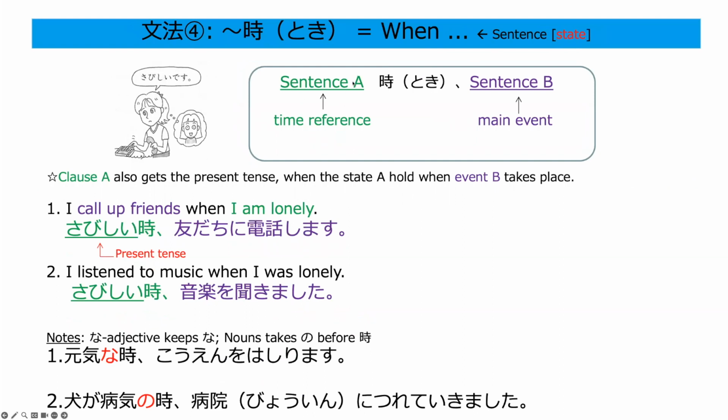The textbook introduces the case of a state, not an action. If you encounter an adjective, for instance an i-adjective or na-adjective, it's very simple. I simplify the whole point. You can use the present tense all the time. So for instance, here, 寂しいとき友達に電話します。寂しい is present tense. So just use the present tense all the time, regardless of the tense of each sentence.